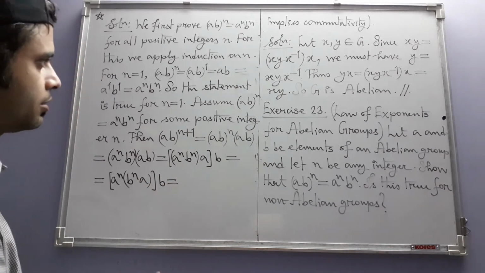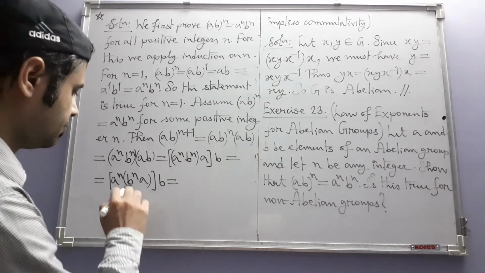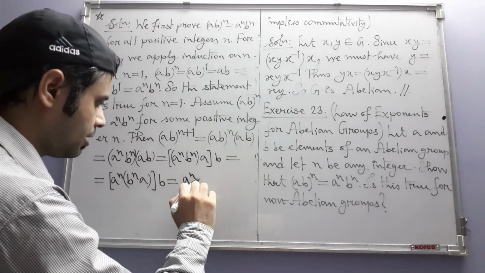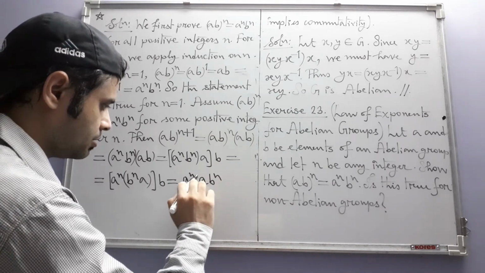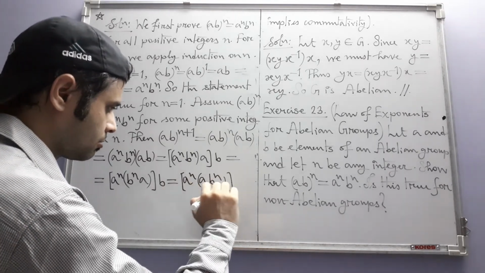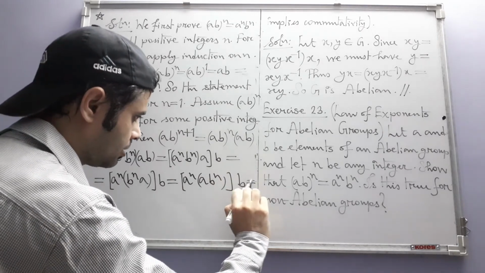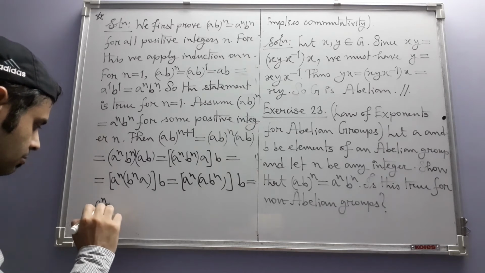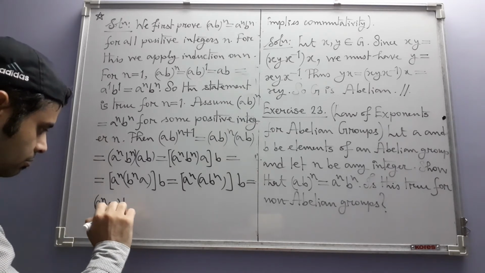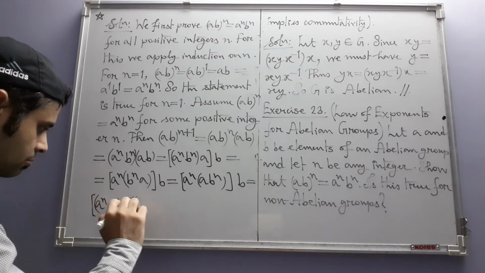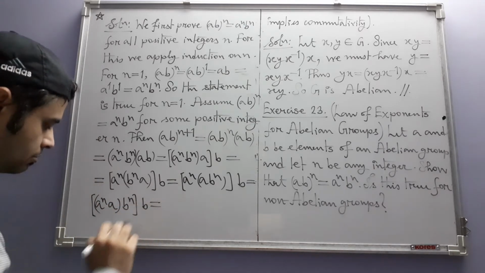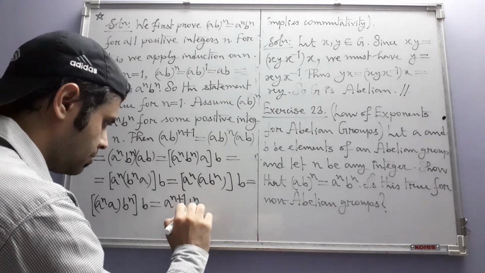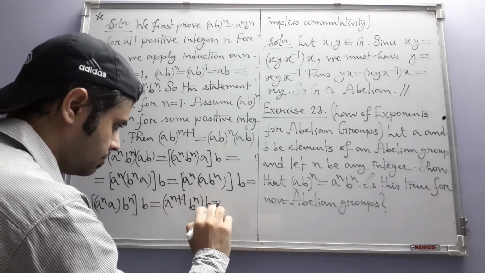Now use the fact that the group is abelian. So in place of b to the power n a, we can write this, and that equals, again use associativity, so we have a to the power n plus 1, b to the power n, b.